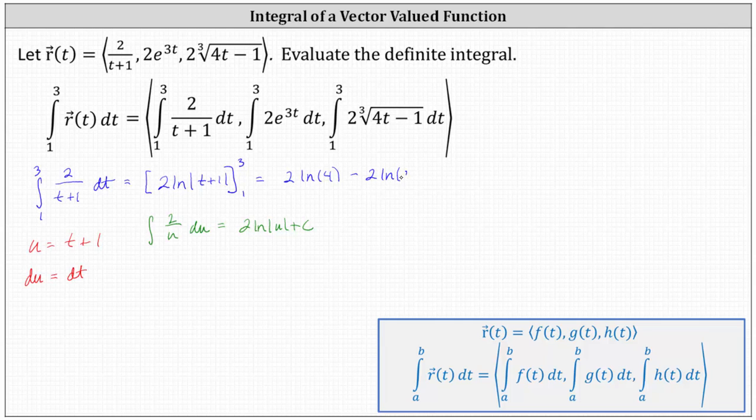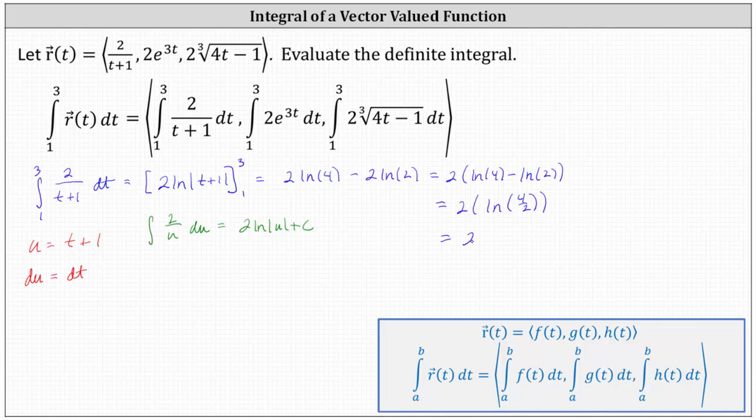Let's go ahead and factor out the 2. We have 2 times the quantity natural log 4 minus natural log 2. This would be okay as a final result, but we can simplify further. Notice because we're subtracting two logs with the same base, we can apply the quotient property of logarithms, which states natural log 4 minus natural log 2 is equal to natural log of 4 divided by 2.